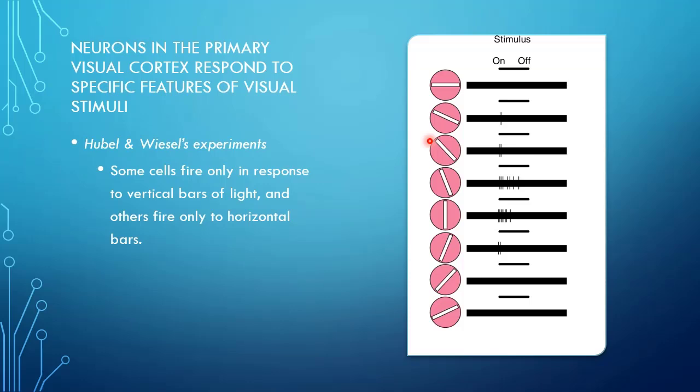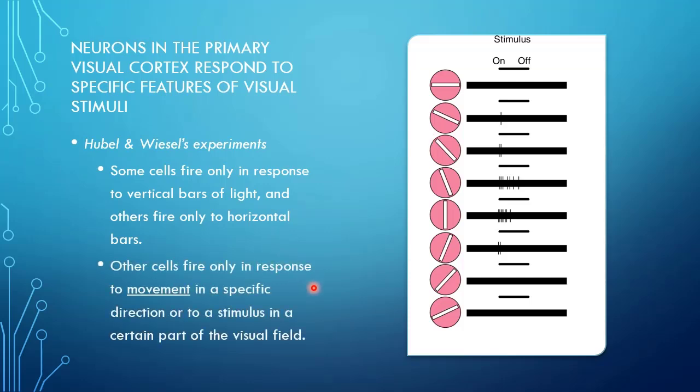And the other thing that they unknowingly show you in that video is that the part of the receptive field matters. The reason that they were getting that tuning is not only because they had a line in the right orientation, but it was a line in the right orientation in the right part of the visual field.